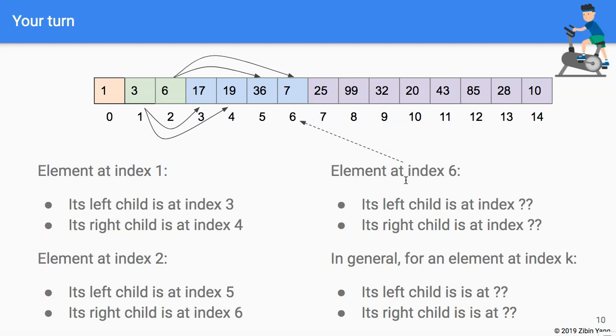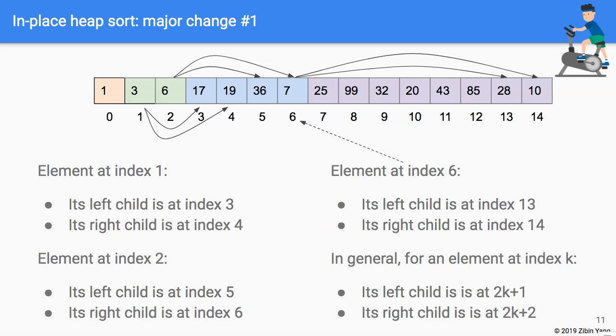So now take a look at, let's say, the element in index 6, where are its children and what are the indexes? And then I hope, after looking at a few of these, you can figure out a formula for any element at index k, where is left child and where is right child.